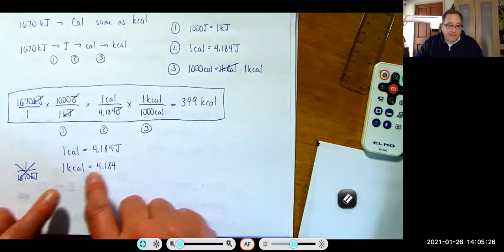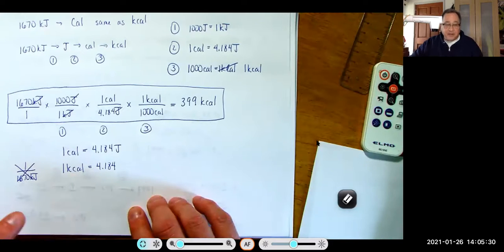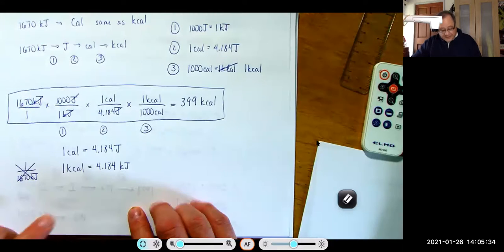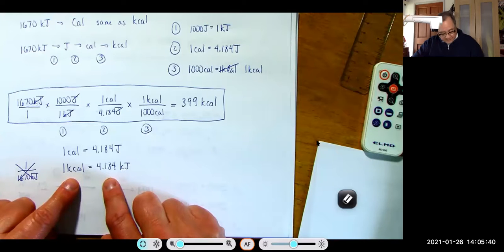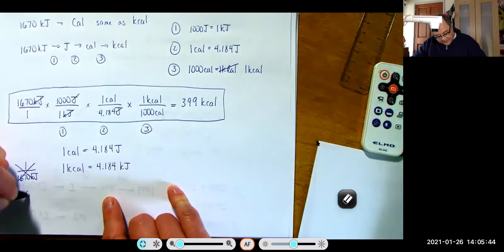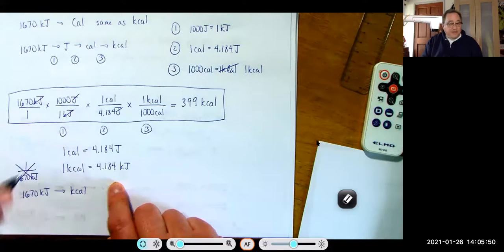If I multiply the left by a K, what do I have to do to the right? And the answer is multiply it by K. So I'm going to make this a kJ. This is an equality that is good. So I can take my 1,670 kilojoules and convert it directly into kcals using what I have above.